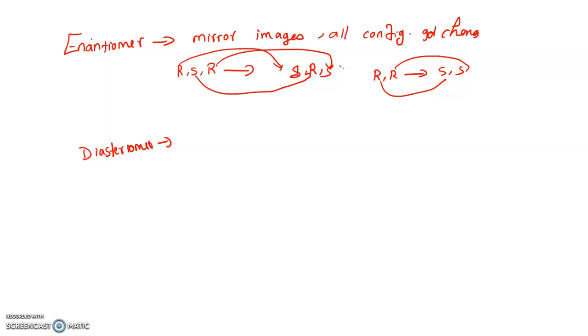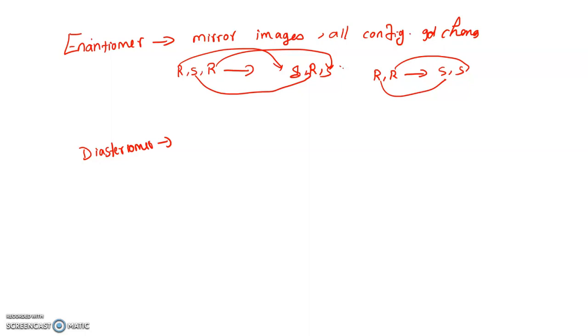Minimum 2 chiral centers must exist. So if we are not changing the positions of the groups of at least one chiral carbon atom, and the other one's groups get interchanged, then we can say that it is an example of diastereomer.